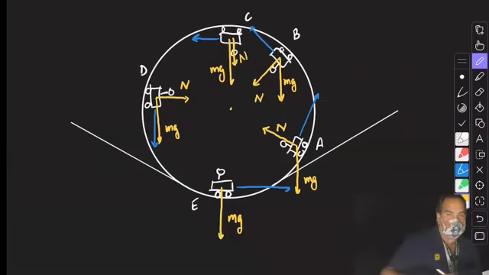But no matter which place we are, and this is critical, no matter which place we are, all of them must have a net force equal to MAC for the part of the force towards the center. This isn't X or Y right here.